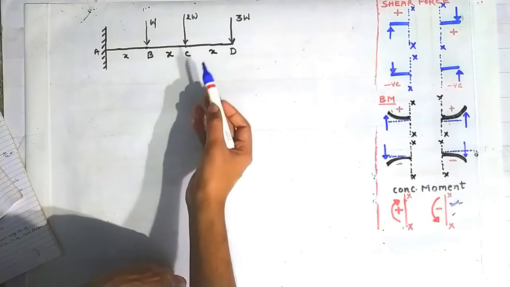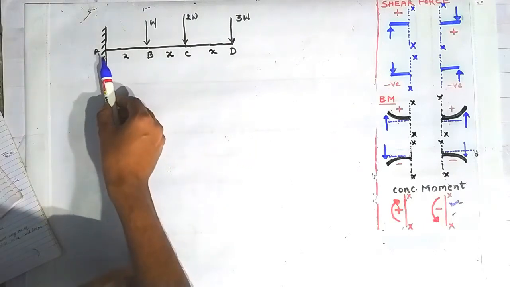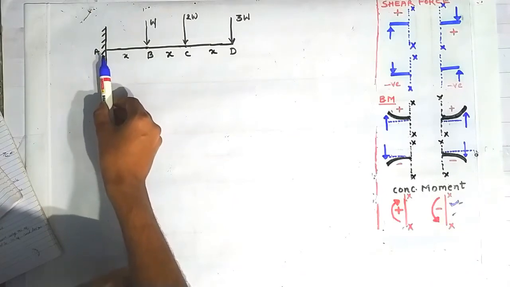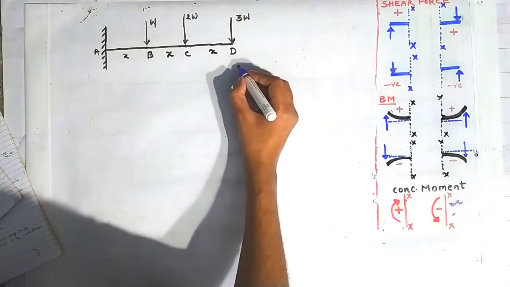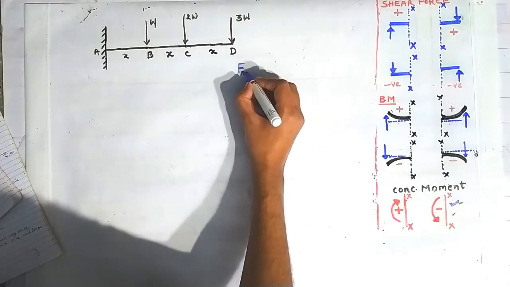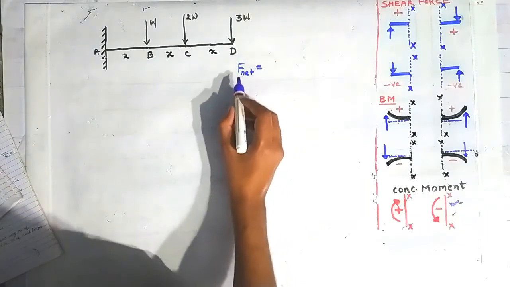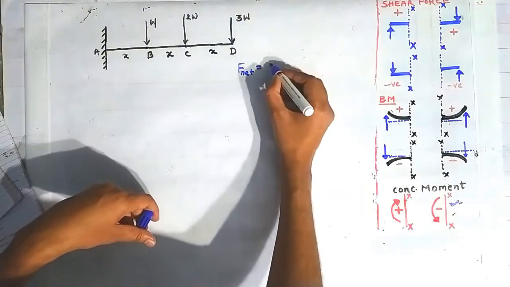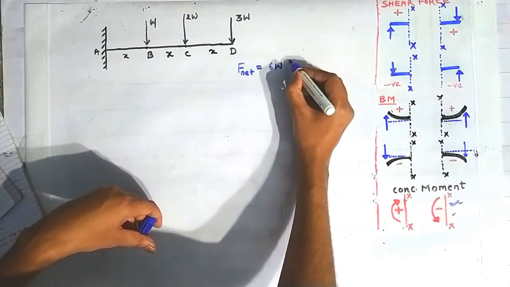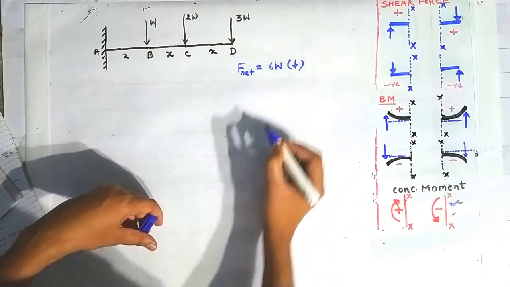You can solve it without finding the reactions at the point A also, but for the concept making I am solving it by finding the reactions at the point A. So first we will find the net vertical force acting over this beam. The net vertical force is W plus 2W plus 3W, which gives 6W acting in the downward direction.